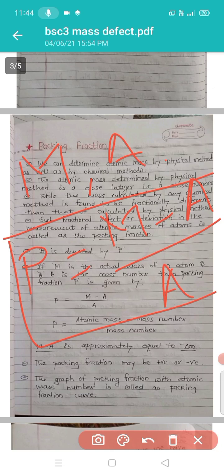This is the packing fraction. M minus A is approximately equal to delta M, that is the mass defect. The packing fraction may be either positive or negative.